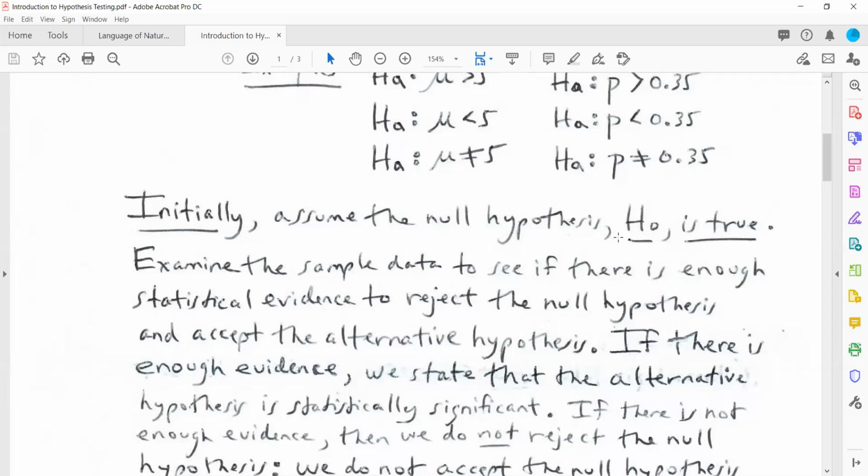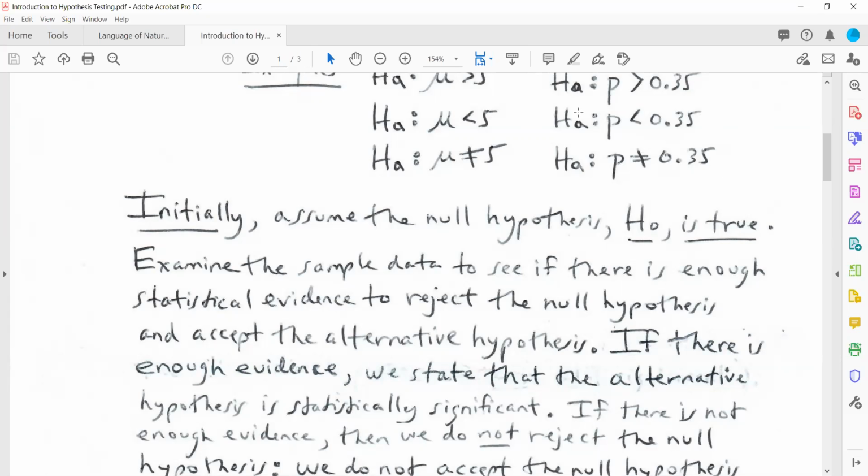There might be some disagreement about whether the sample mean is far enough away from the population mean to say it's highly unlikely that, if we got that sample mean, the population mean is that value of 5.